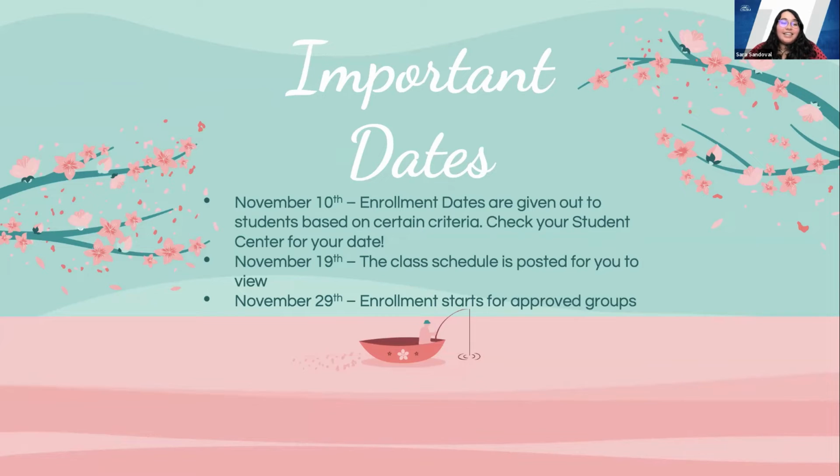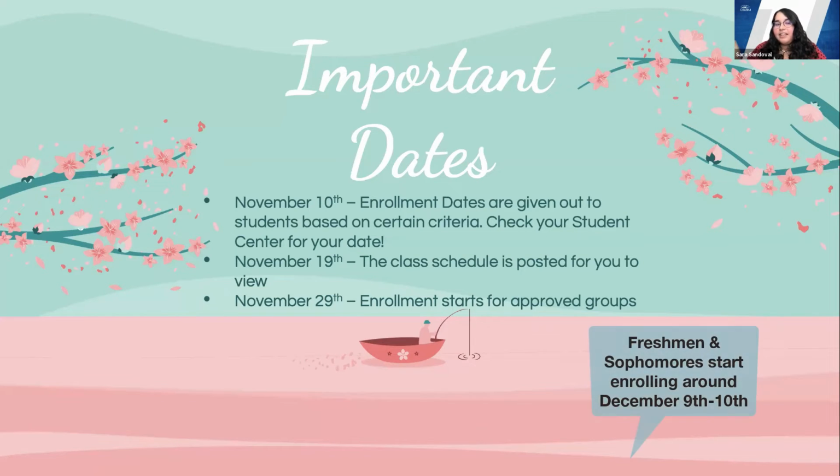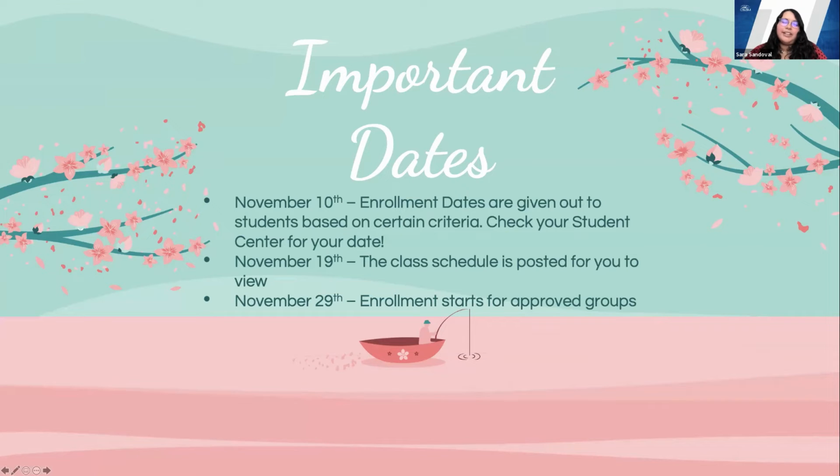And then lastly, the 29th is the first day to enroll. For you guys, I think you enroll maybe a week after that. But that's the first day for certain groups. Like TRIO or veterans or former foster youth, they have priority days. But all of you should be sometime in December, which is pretty close to the 29th.